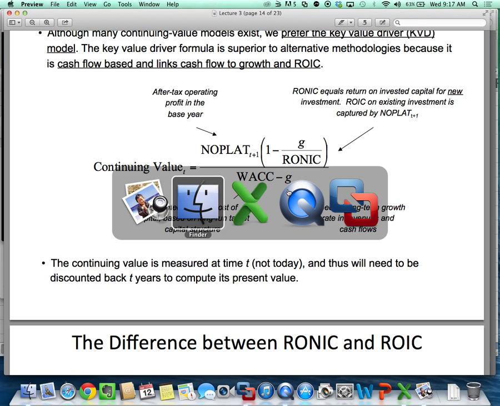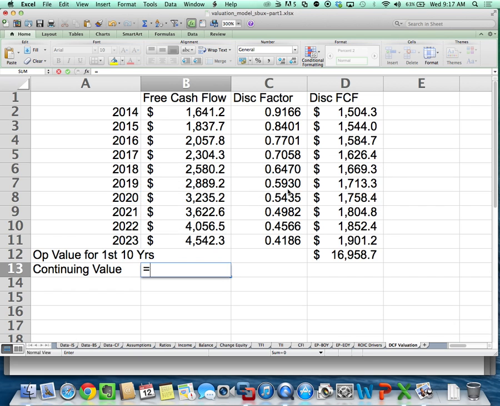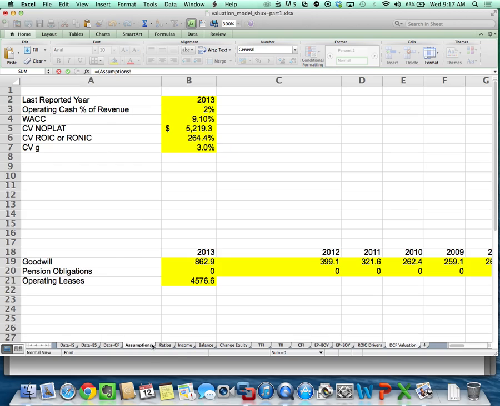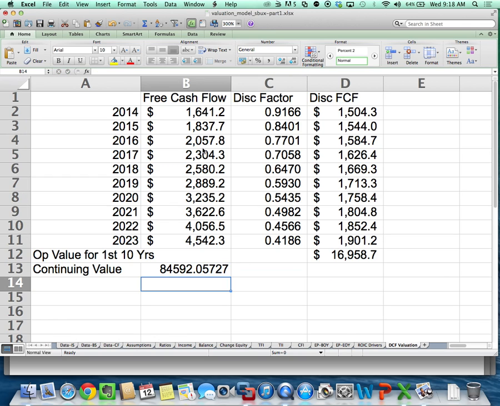So, put the formula in: equals, left paren, from the assumptions tab, NOPLAT times left paren, 1 minus the continuing value growth divided by the continuing value RONIC, right paren, divided by left paren, the WACC minus the continuing value growth, right paren. So that is the value of Starbucks into perpetuity from year 11 forward.